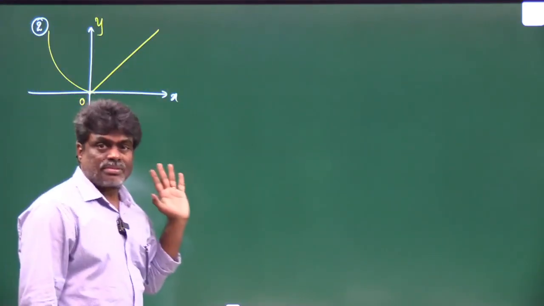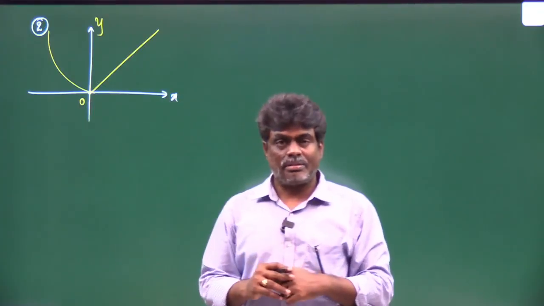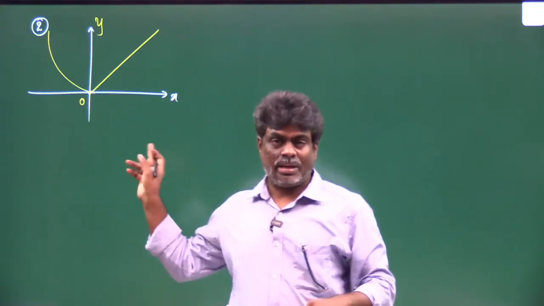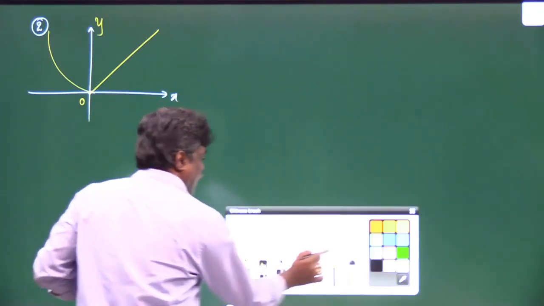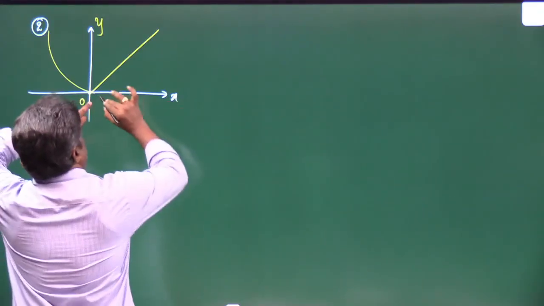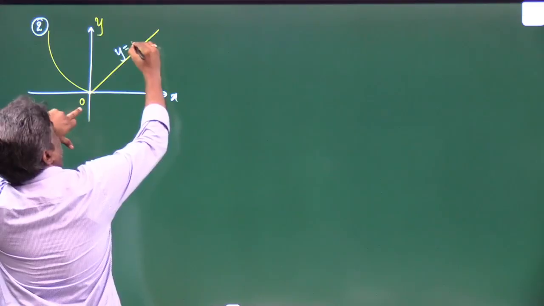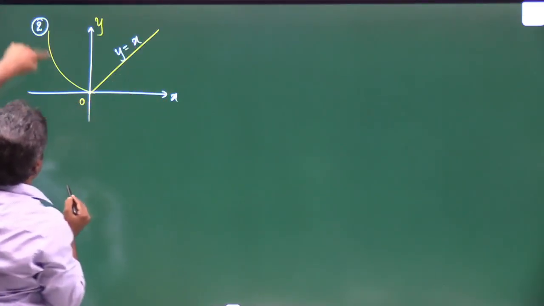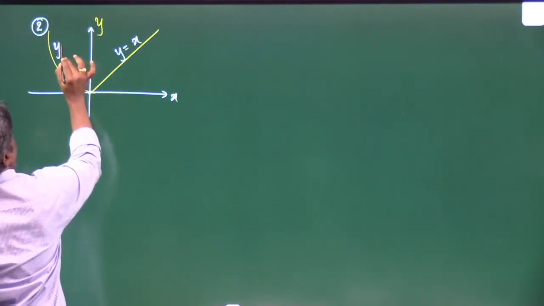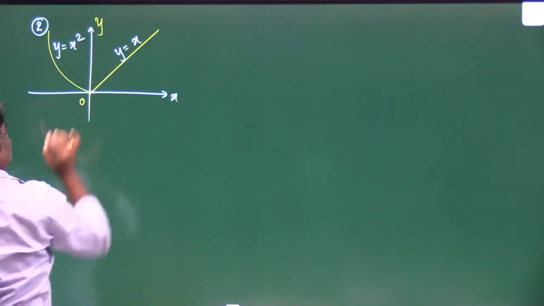Here they have given this function, some graph is given, and they are asking whether it is differentiable at x equal to 0 or not. Now carefully observe. Here this is a straight line passing through the origin, so we can take it as y equal to x, and it's a parabola, so we can take y equal to x square.